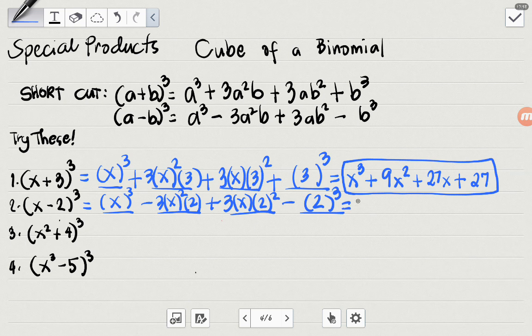So, cube ni x, x cube, minus square ni x, that's x square, 3 times 2, 6, 6 times x square, 6x square, plus square ni 2 ay 4, diba? 4 times 3, 12, 12 times x, you have 12x, and then cube ni 2, that's 2 times 2 times 2, be 8, so minus 8.